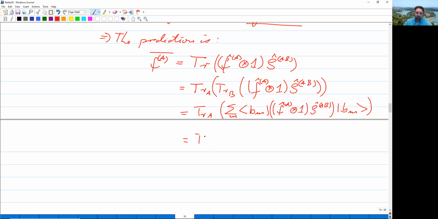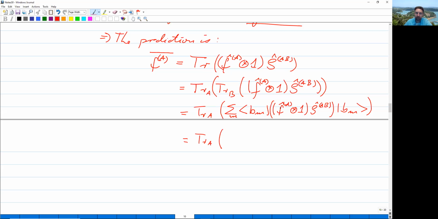Now, this is the trace over A of, and now we notice that the BM are only acting on the second tensor factor here. Now, what does that mean?